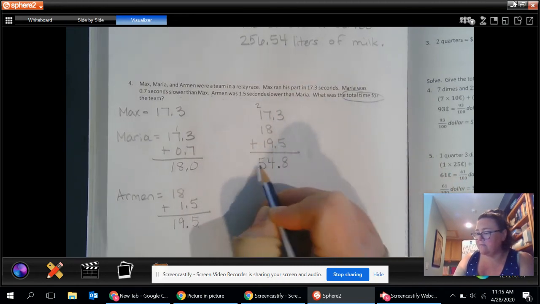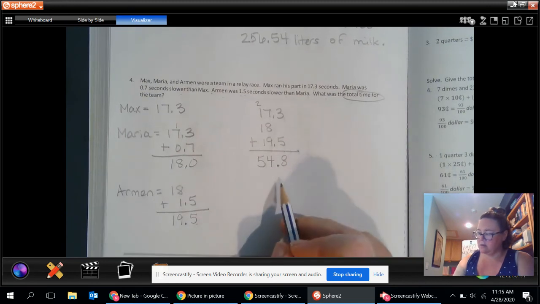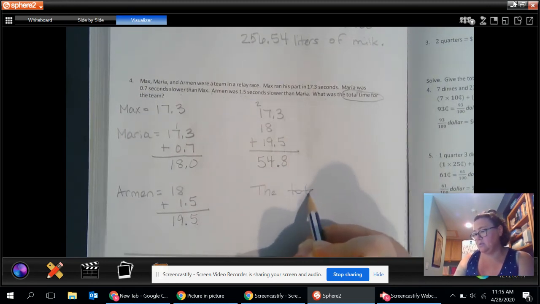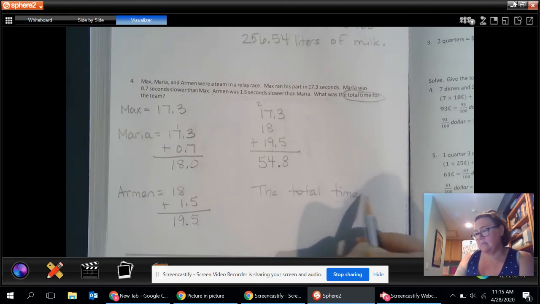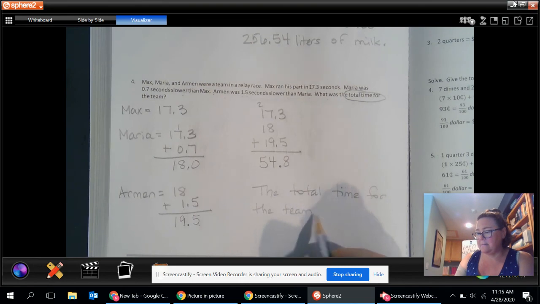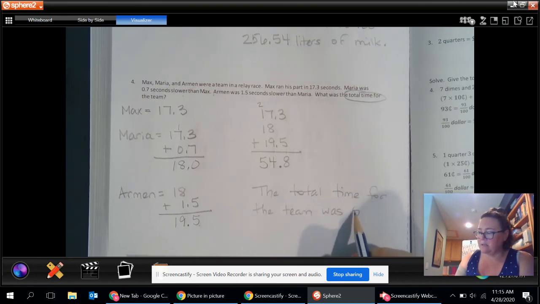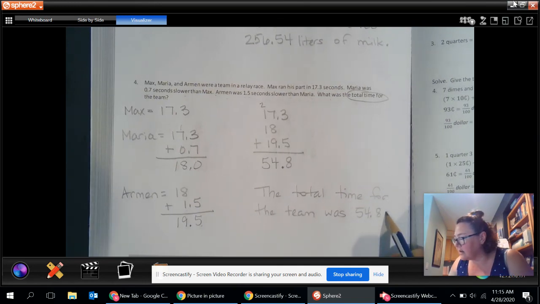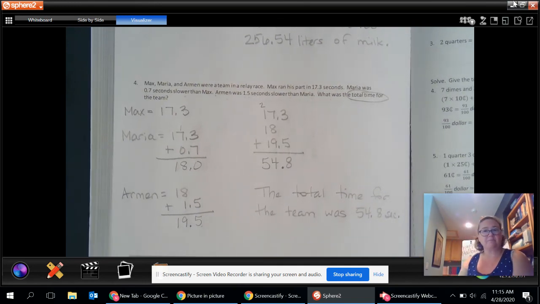And that would make 54. So we're looking at the total time for the team was 54 and 8/10, and these are seconds. And there we have it.